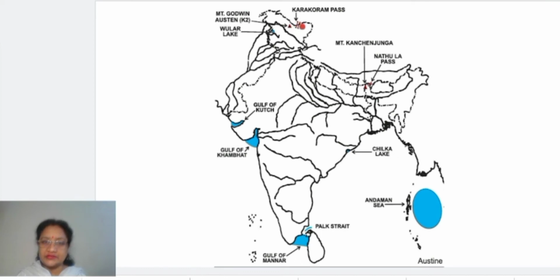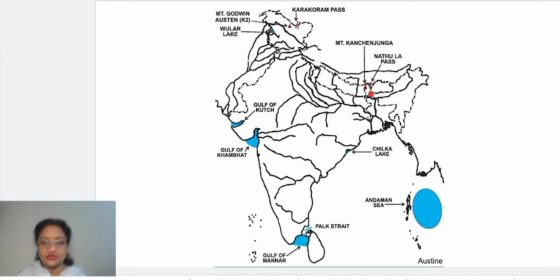The point you can take, suppose this slanting part is there, where it is coming, that is the point where the Godwin-Austen can be marked. This is the first peak we have to mark here. A small triangle colored brown is always used for showing the peaks in the maps.